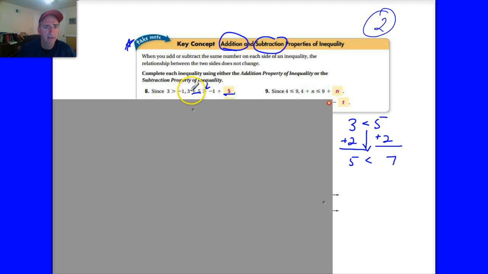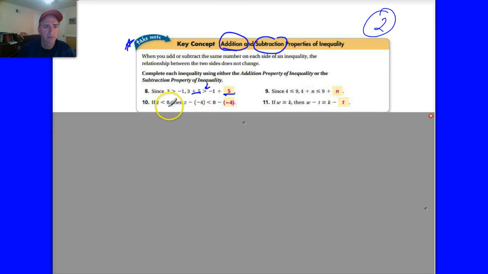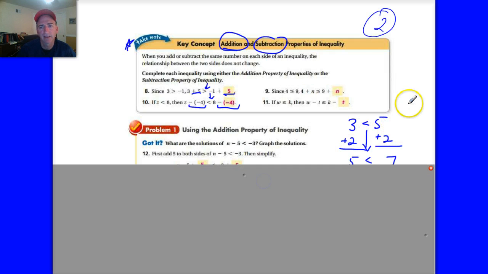Okay, because here you'd have 8, here you'd have 4, 8 is greater than 4. So that's what they're doing here in these examples. They're just showing you if you were to have z is greater than 8, if you were to subtract -4, you could do that to both sides without changing that inequality. That's all they're really trying to tell you there. I think I explained it better, but that's the point.